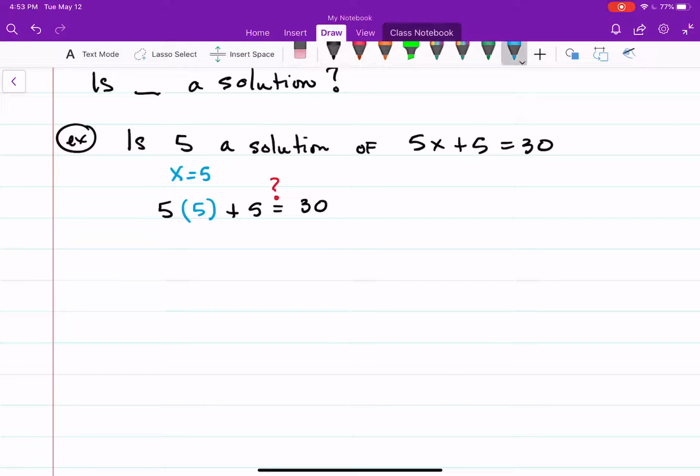When I look at this, I get 25, because order of operations says parentheses, exponents, multiplication, division, and then addition, subtraction. So I have to multiply first, plus 5. Is that equal to 30? 25 plus 5 is 30. That is equal to 30. So yes, it is a solution, okay?